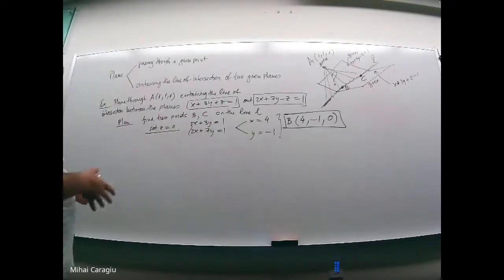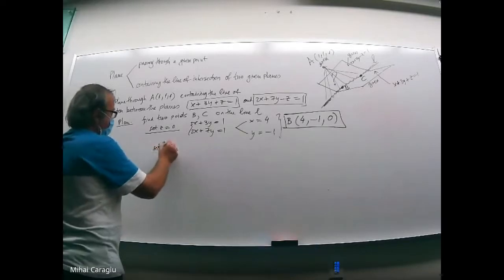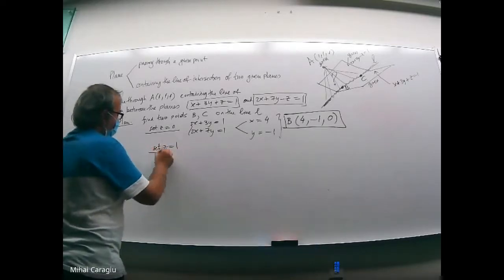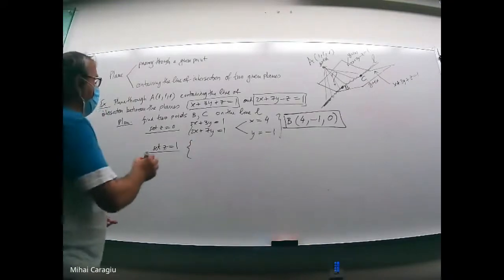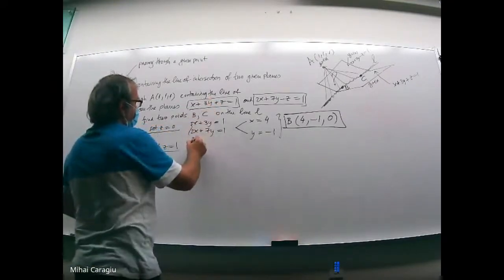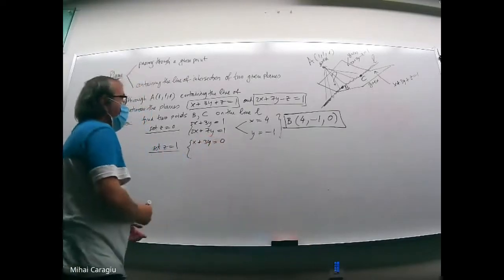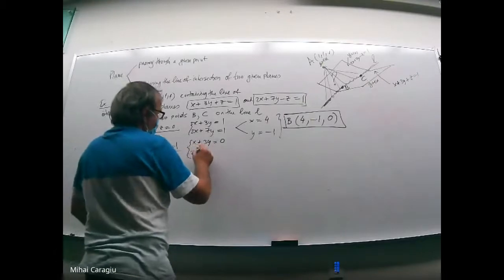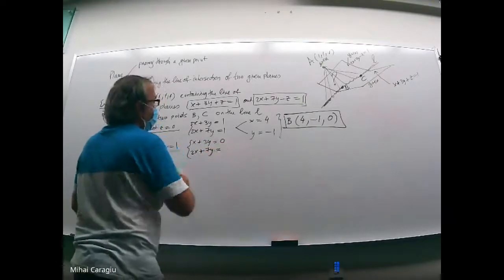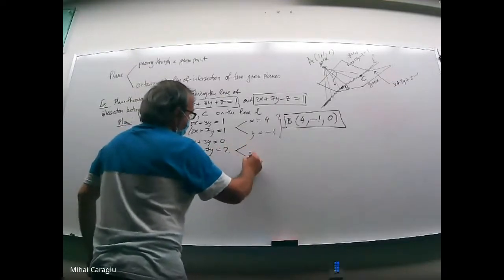To find the third point, set z equal to another value. Set z equal to 1, for example. In which case, the two equations of the two planes become x plus 3y equals 0, and then 2x plus 7y equals 2. Okay, again, let's solve for x and y.